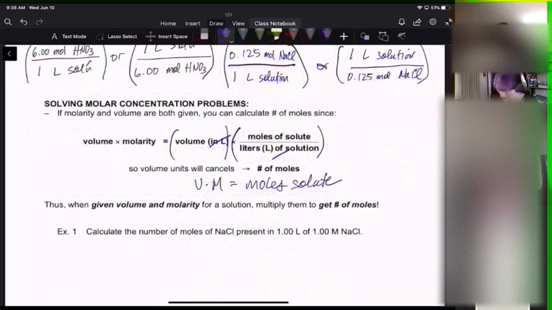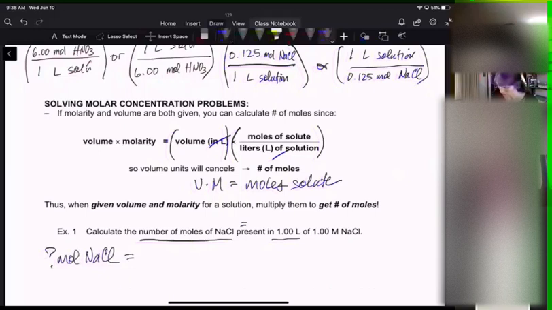Let's take a look at how many moles of sodium chloride are in 1 liter of 1 molar. Now here's the word of. Of usually means multiply. So when you have a molarity connected to a volume by the of, they're going to get multiplied. Here we have 1.00 liters of solution.